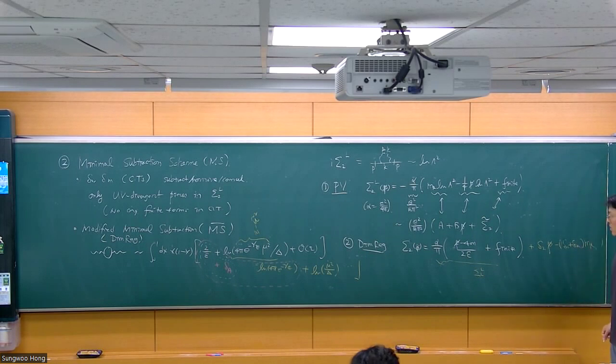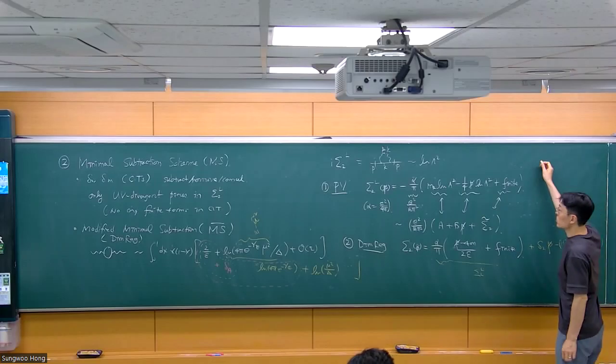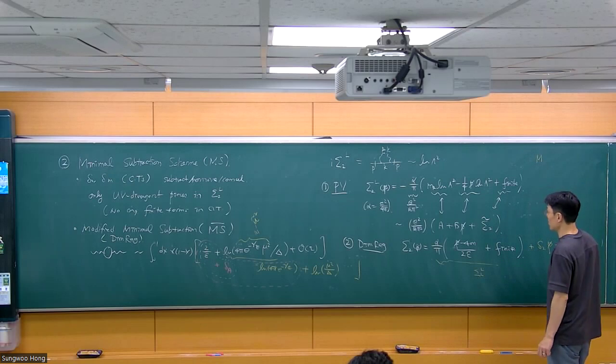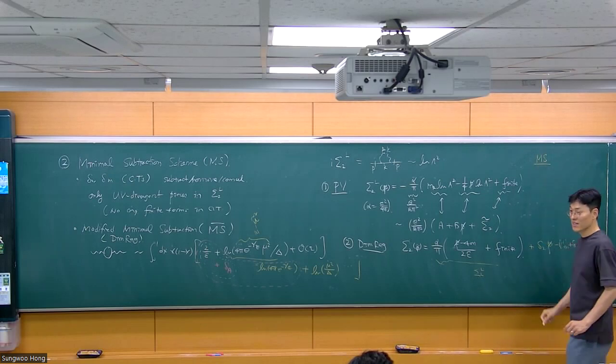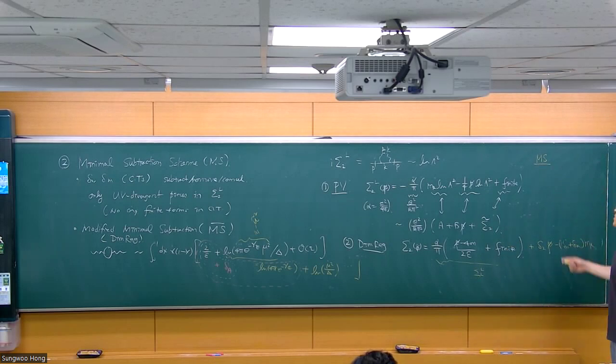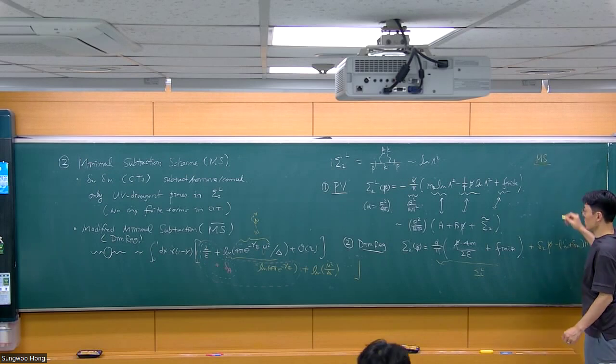Right? So if I were to do MS-bar, oh, do I want to do MS-bar? Oh no, let me just do MS. Otherwise I have to start looking at what's there. Okay? Although MS-bar can be done trivially too.